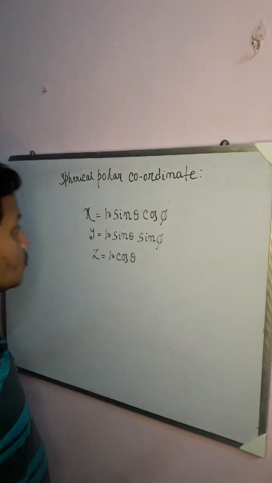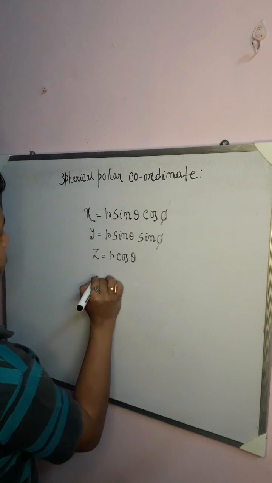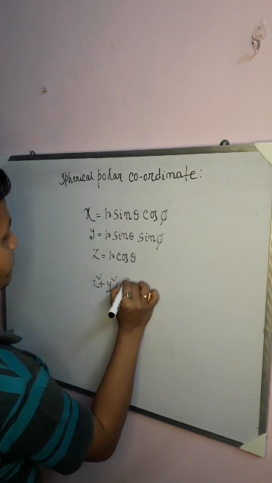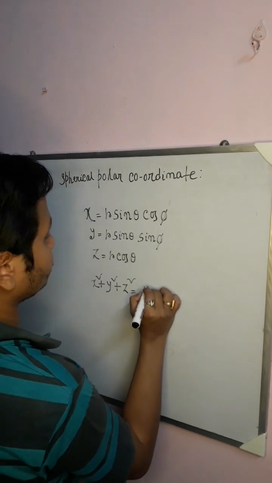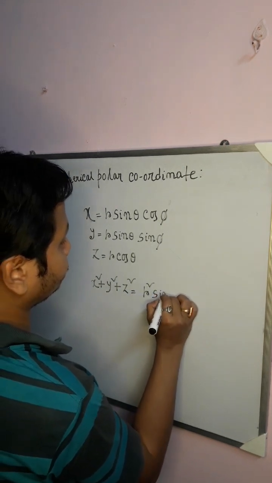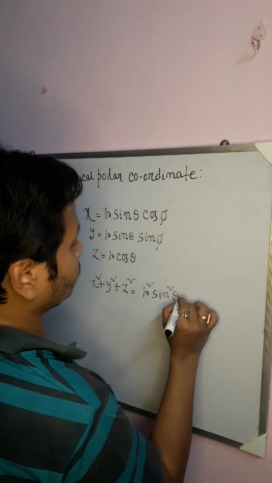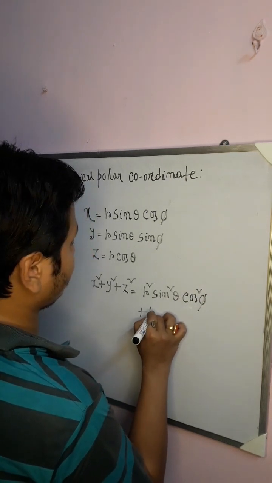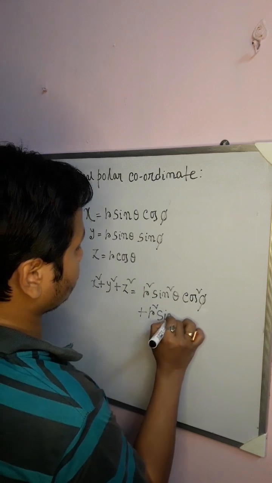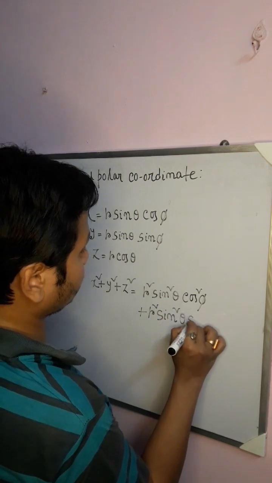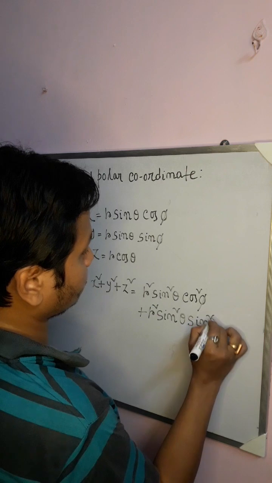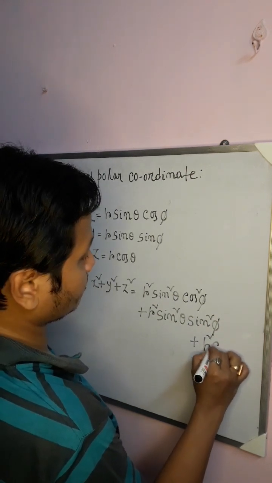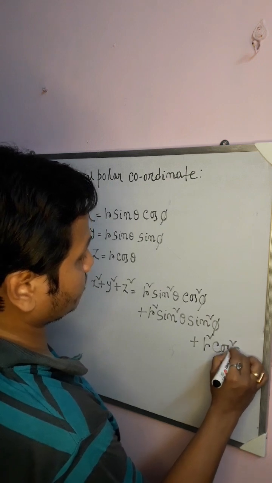Let us check what will be the sum of x square plus y square plus z square. This is simply r square sin square theta cos square phi plus r square sin square theta sin square phi plus r square cos square theta.